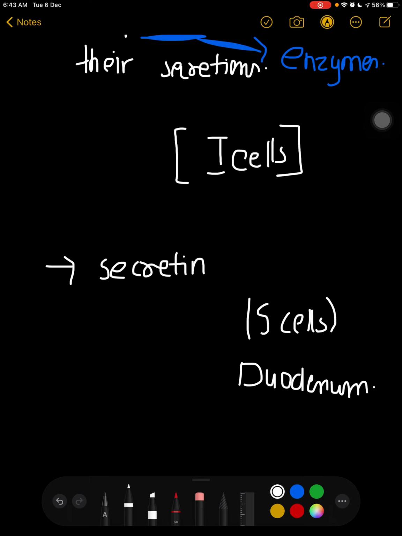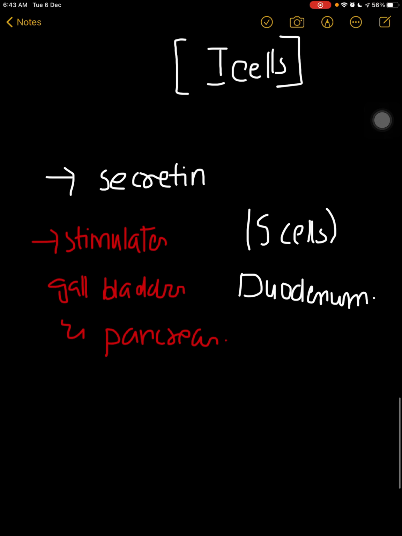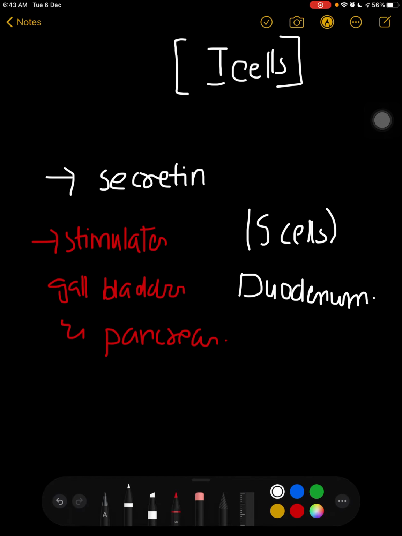Whenever the acidic chyme reaches the duodenum, it gets the message to be released and go to the pancreas. Basically, it stimulates the gallbladder and pancreas. What will happen in the pancreas? It will ask it to release bicarbonate ions and water.